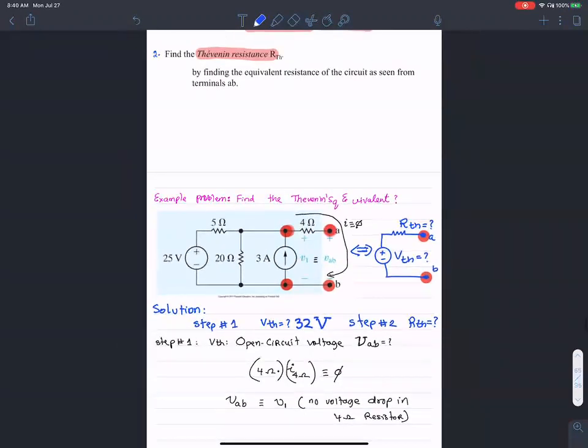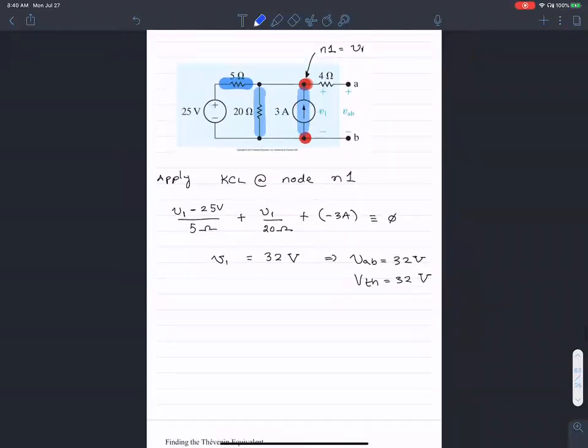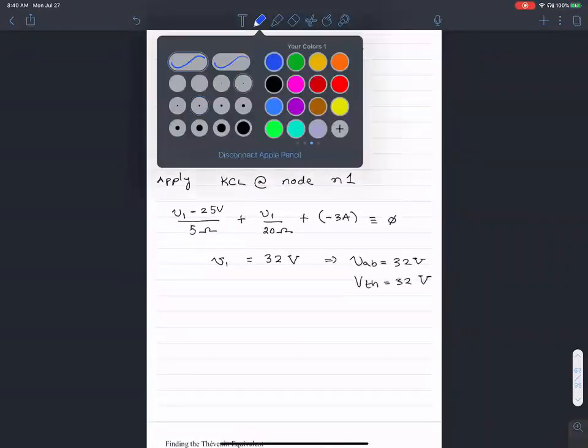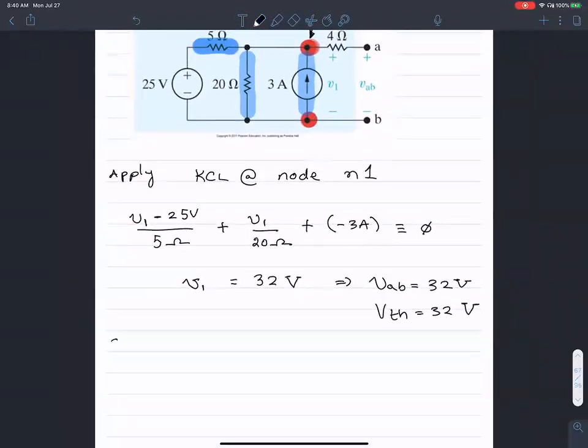Now the next step is to find RTH. That's step number 2. Step number 2 is find RTH. In order to find RTH, what I have to do is deactivate all independent sources.